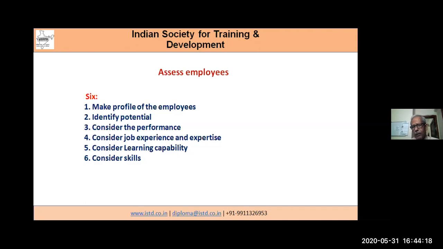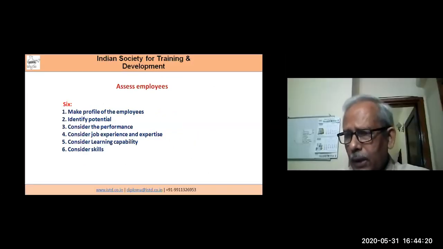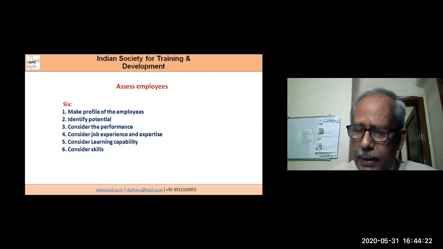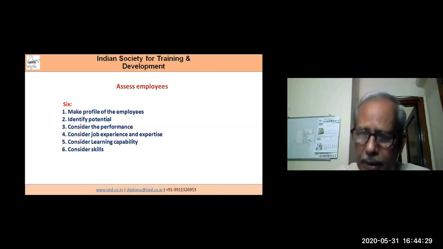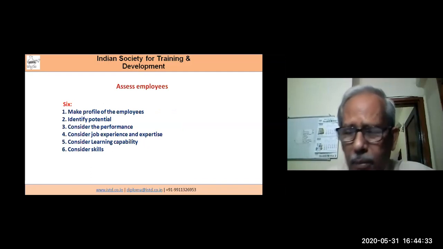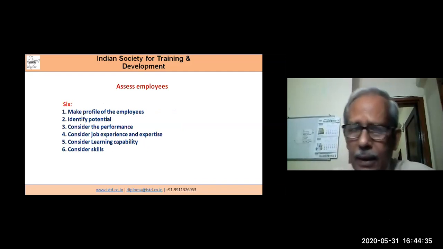So while making the profile, there are two things. Number one, what are their existing capabilities, considering their performance? Another thing is their potential. These are two different things.